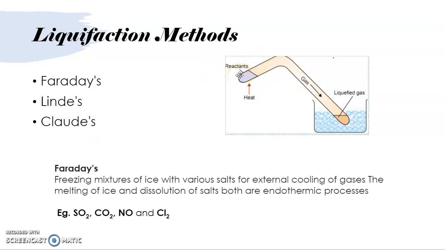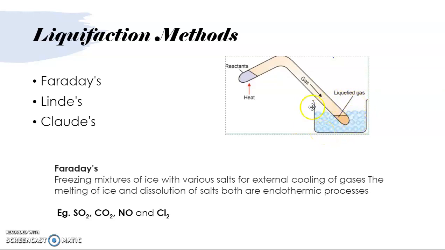For this particular method, Faraday used a glass tube which is of inverted V shape. On one side you have reactants which are heated and the gas is evolved, which travels through the glass tube, and the other limb of the inverted V tube is dipped into the freezing mixture.